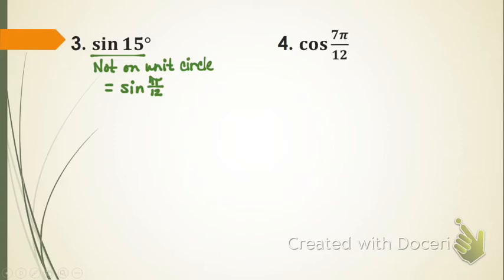45 minus 30. You said 45 minus 30? Okay, so let's rewrite sine of 15 degrees as sine of, and now I'm going to put this inside parentheses because it's the angle that I want to simplify, 45 degrees minus 30 degrees. I like these because these are on my unit circle.